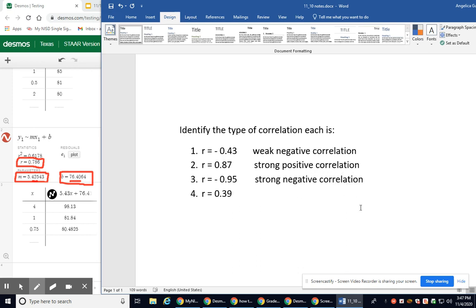If I have some data that represents the correlation coefficient as 0.39, well, 0.39 is closer to 0, so it's still positive, but it is a weak positive correlation.